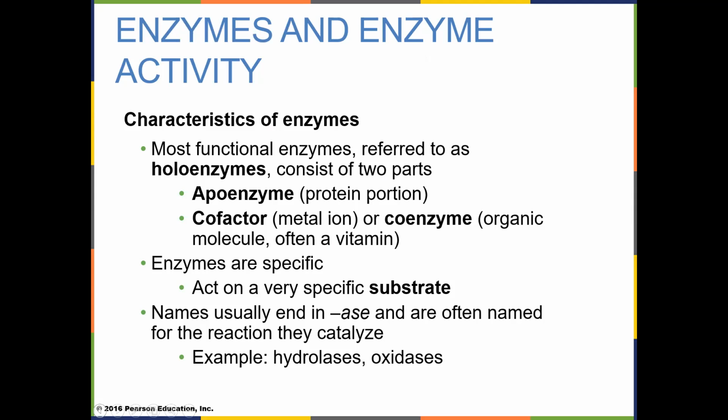A coenzyme is not a wannabe enzyme. It's not an assistant enzyme. It's not a type of enzyme. A cofactor simply allows the enzyme to do its job better. The vitamin is never going to become an enzyme. It just helps the enzyme work better.